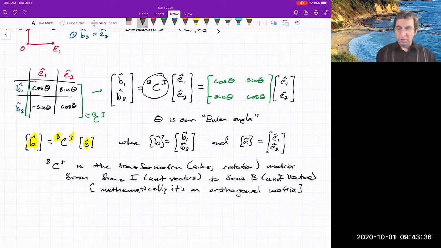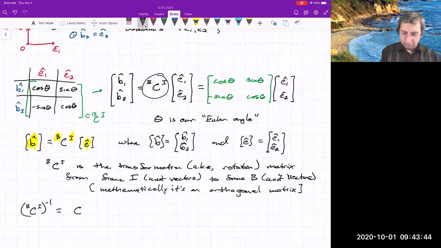And so its inverse, C^IB inverse, is the same as going from the B unit vectors to the inertial frame unit vectors. So we could write that in this notation, and that will be the same because we have an orthogonal matrix. It's the same as this transpose. Okay.